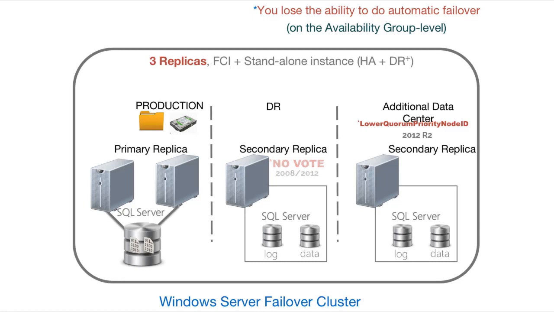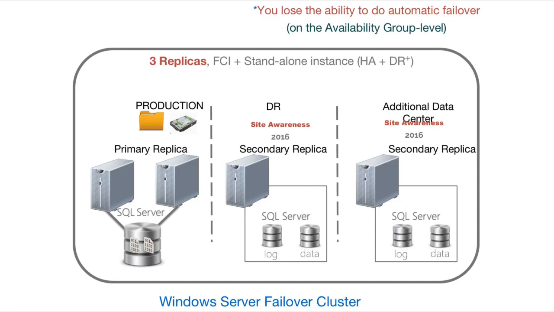Similarly, if I'm using Windows Server 2016, I can use site awareness. In terms of licensing, you have 4 nodes. I would need 2 licenses with software assurance to cover all 4 nodes.